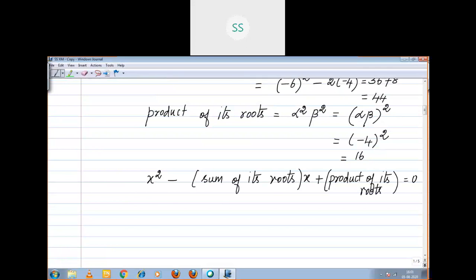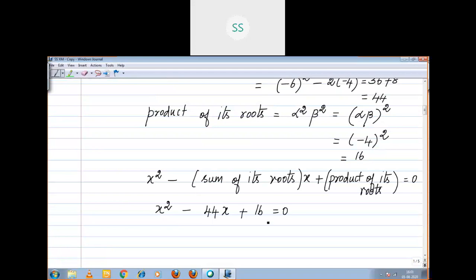Now you are going to substitute. What is your sum of its roots that you found? That you are going to write, right? X square minus 44x plus 16 equal to 0, right? What is your equation?